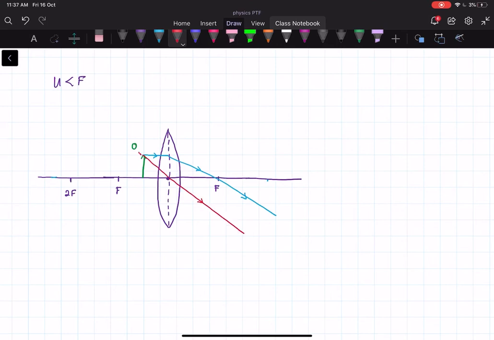So if I extend this line here, class, and at the same time this blue line can also be extended, imagine this is also being extended. And what happens here, I'm going to see somewhere in front of the lens there is an intersection point. Remember, anything in front of a lens is virtual.